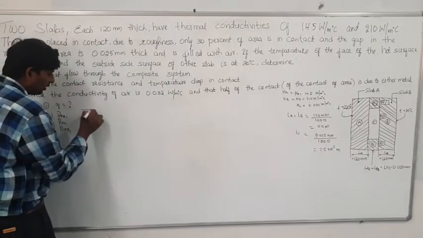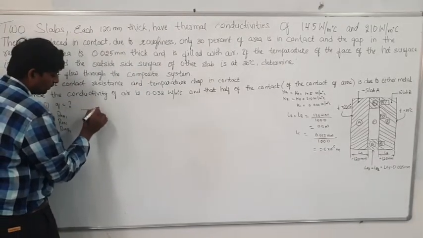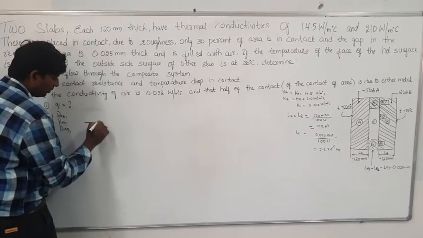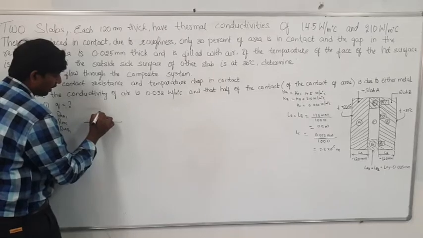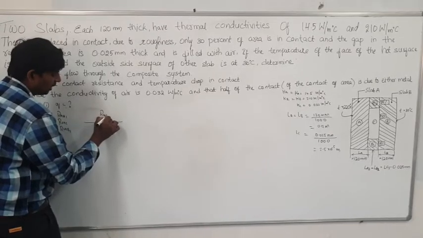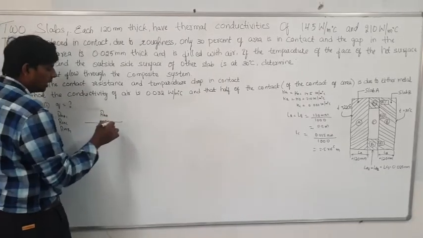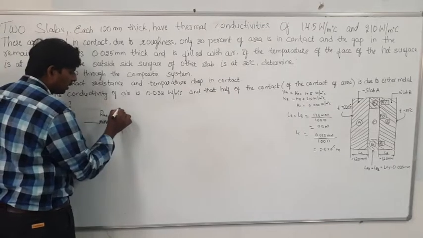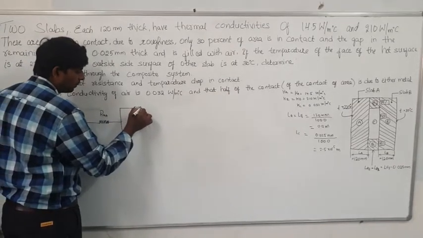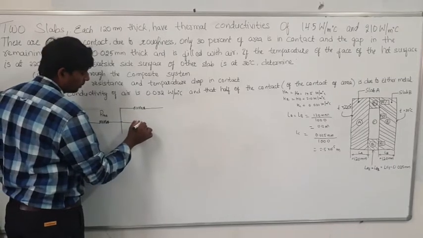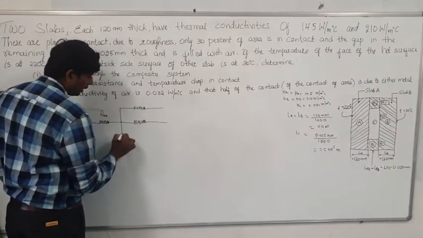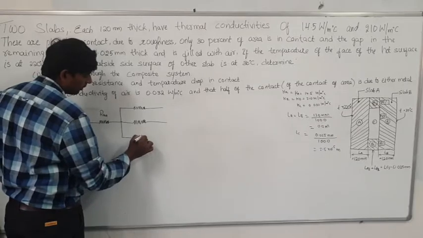See, this is my resistance 1. Here this one I can name as RthA. After that, one resistance is here, and here one resistance is there, and here also one resistance is there.